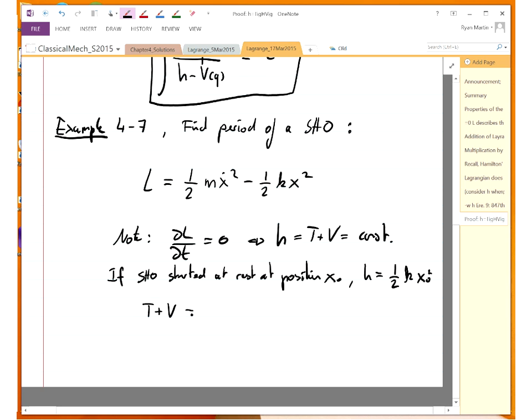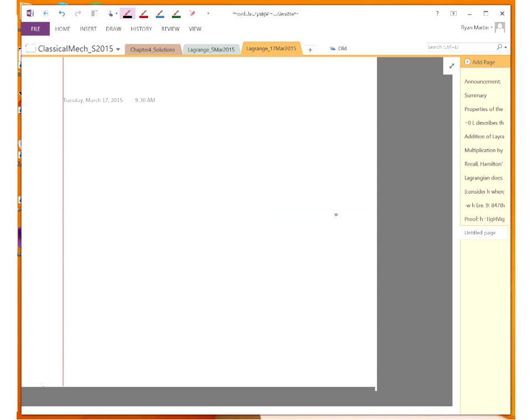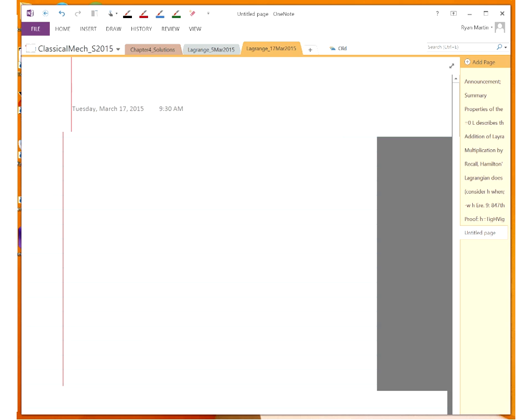So t plus v is equal to a half k x naught squared. So t is a half m x dot squared. V is a half k x squared. And that's got to be equal to the constant, which is a half k x naught squared. So that means the halves just cancel, right?